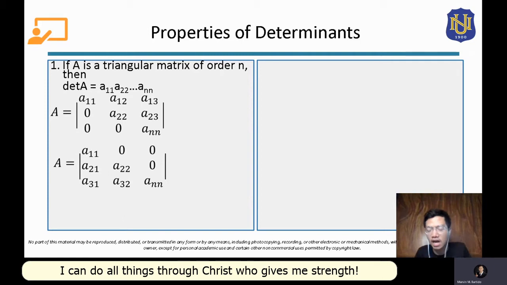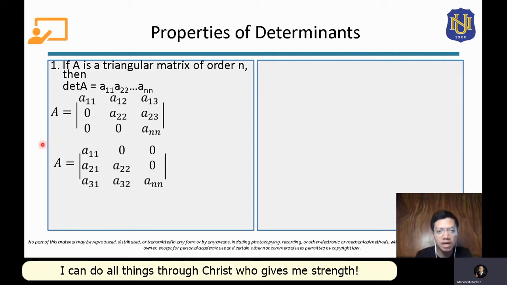As we recall in what we have discussed in types of matrices, triangular matrices are matrices wherein the elements below or above the principal diagonal are all zero.